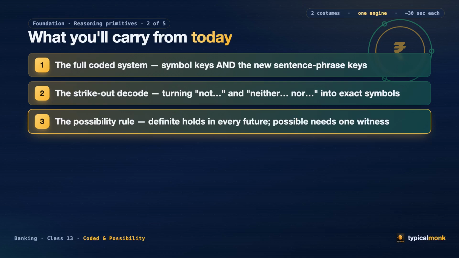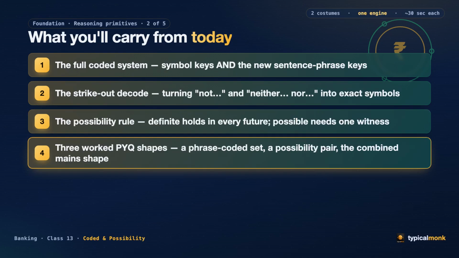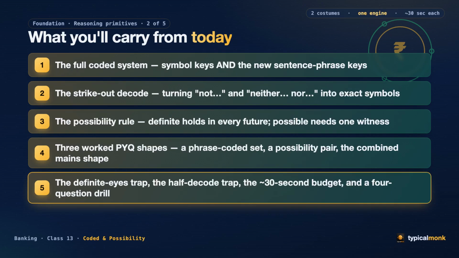Definite must be true in every future. Possible needs only one witness. Fourth, three work shapes: a phrase coded set, a possibility pair, and the combined main shape. And fifth, the definite trap, the half-decode trap, the roughly 30-second budget, and a 4-question drill. Ready? One idea at a time.